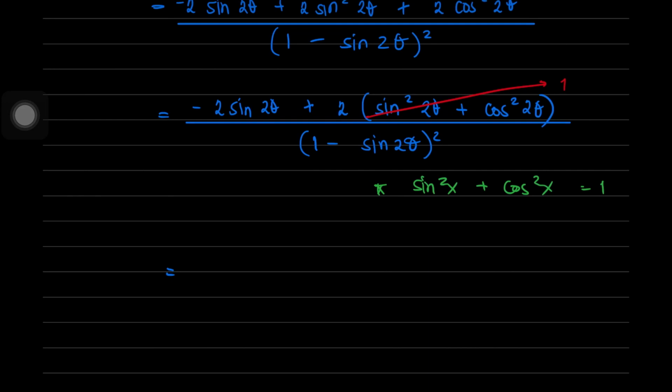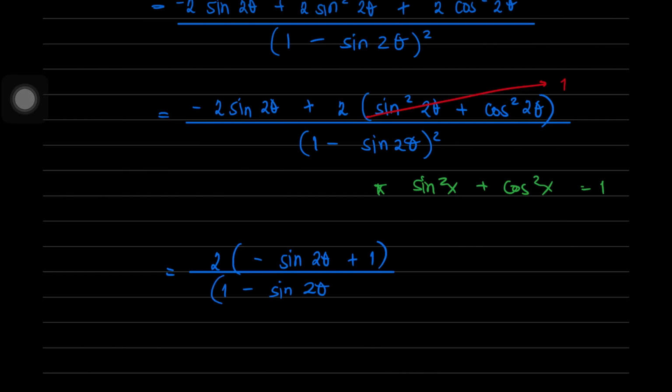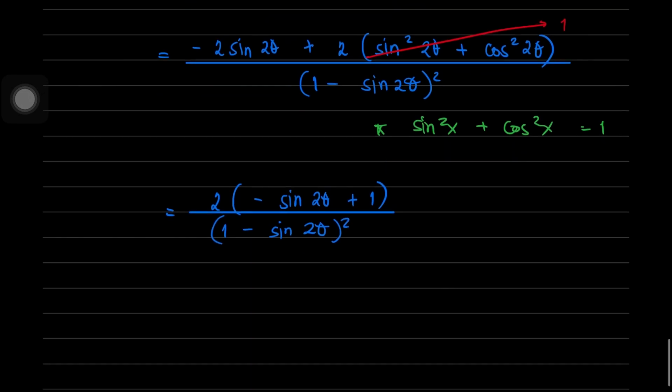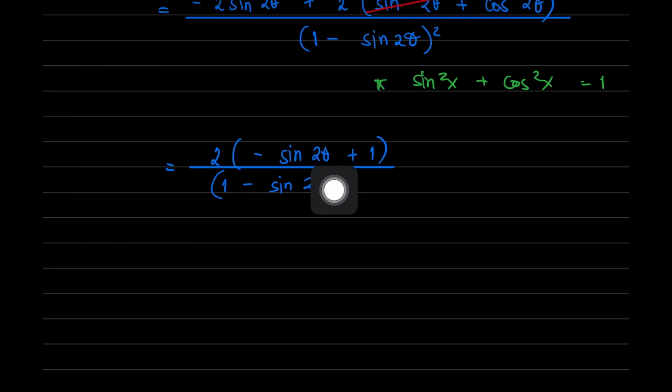Now, if we're going to simplify any further, the numerator can still be factored out, so we can bring out 2 in here. So this is now 2 multiplied by negative sine of 2 theta plus 1 all over 1 minus sine 2 theta raised to 2. Now, you will notice that negative sine 2 theta plus 1 can be written as 1 minus sine 2 theta.